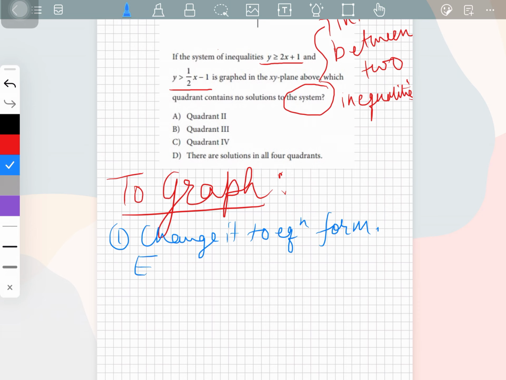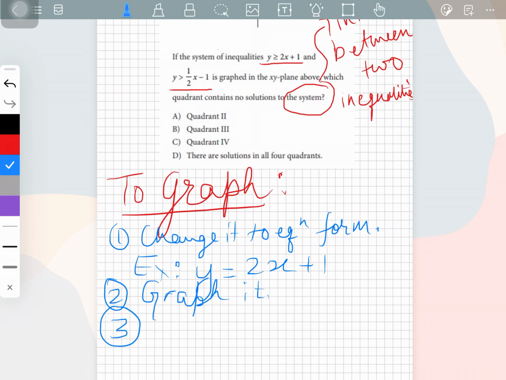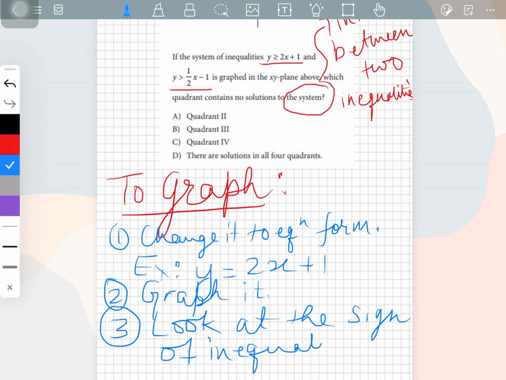Let's change that inequality into an equation. The second step is to graph it. And the third step, the most important one, is to look at the sign of the inequality.